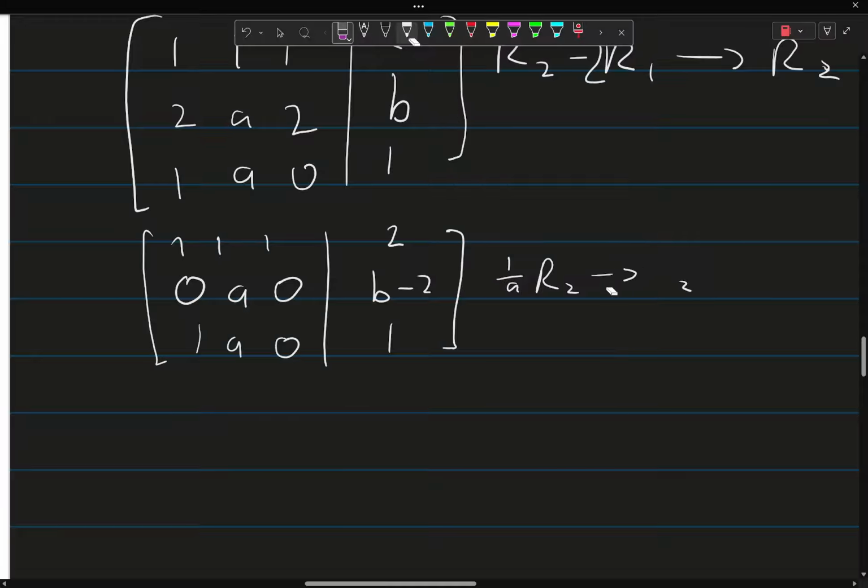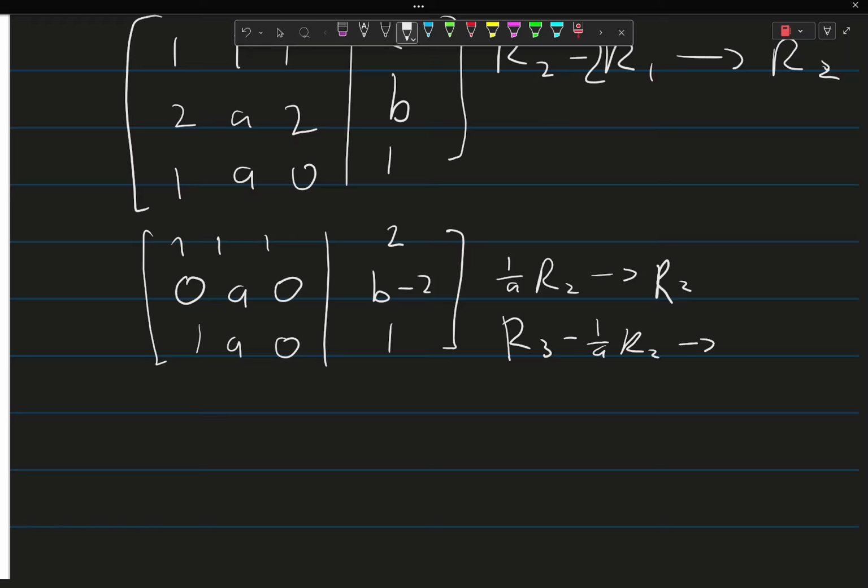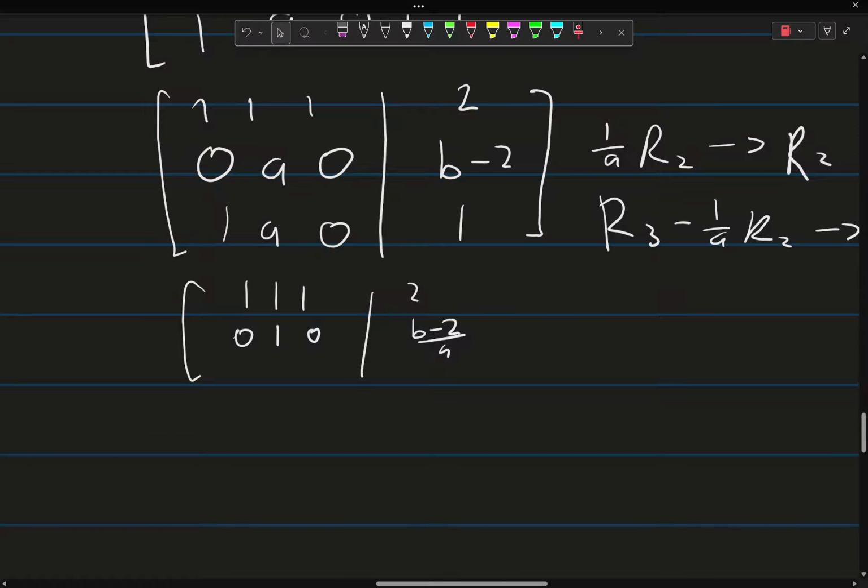We can also have row 3 subtract 1 over a row 2, which is the new row 3. So 1 over a will turn that from a into 1. So we will get 1, 1, 1, 2, 0, 1, b minus 2 over a, and we will get row 3 minus, okay, no.